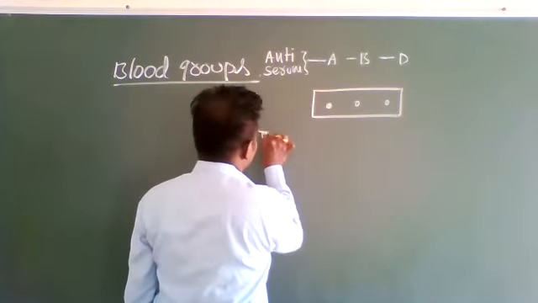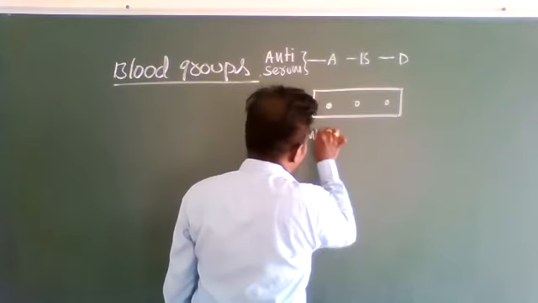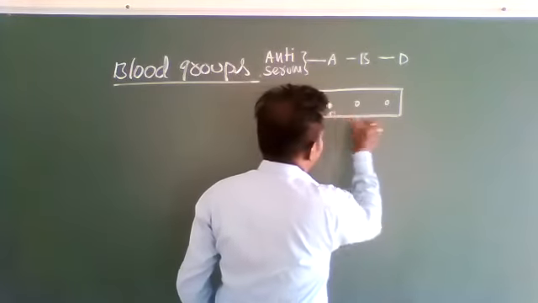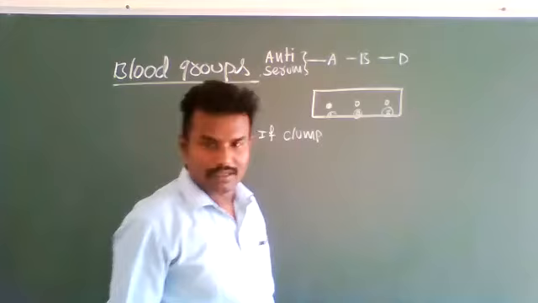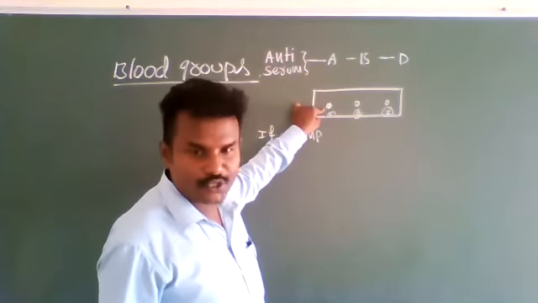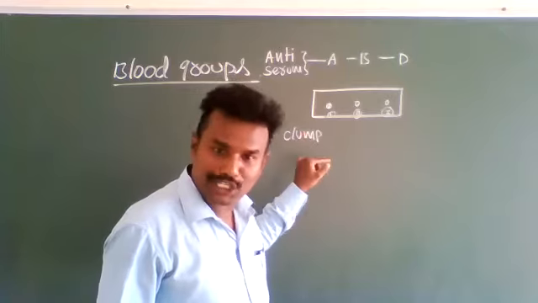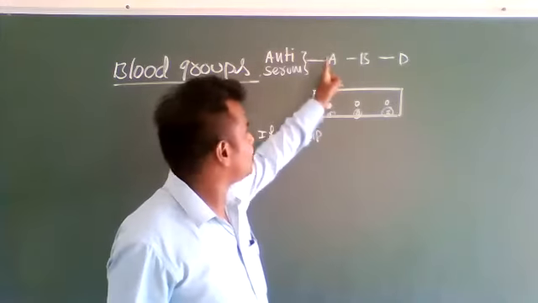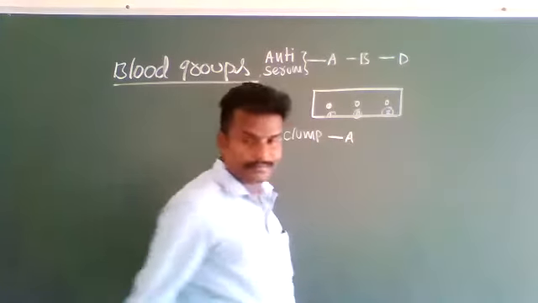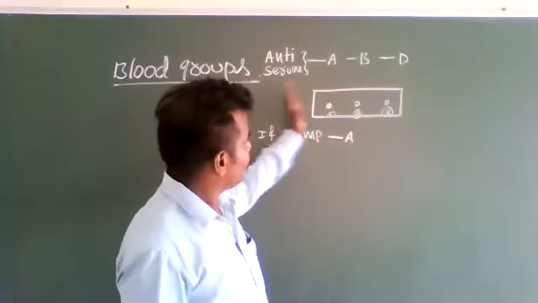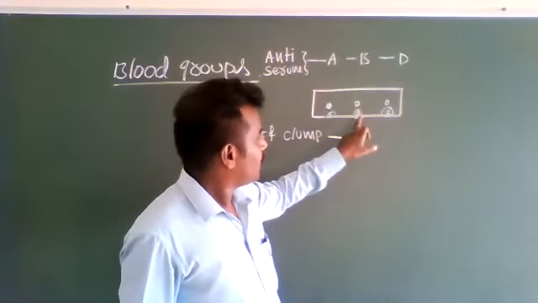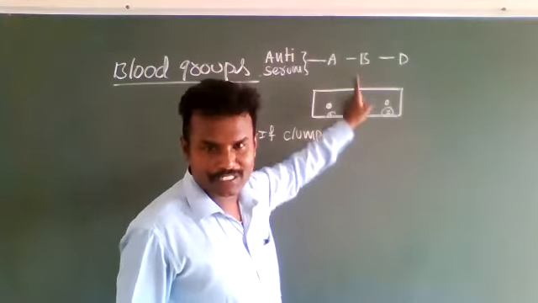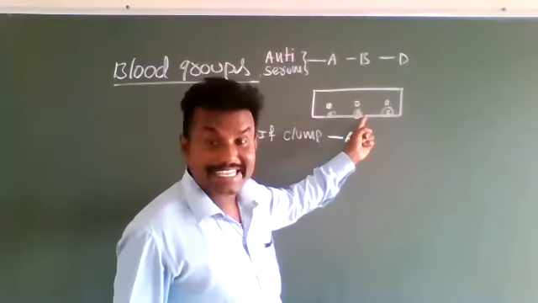If the first drop clumps, clots, or coagulates with anti-serum A, then the blood group is A. Next they will take anti-serum B and put a little drop on the second blood drop.